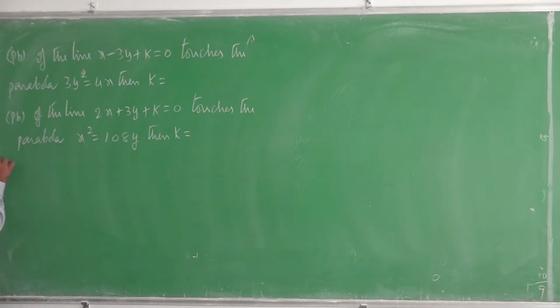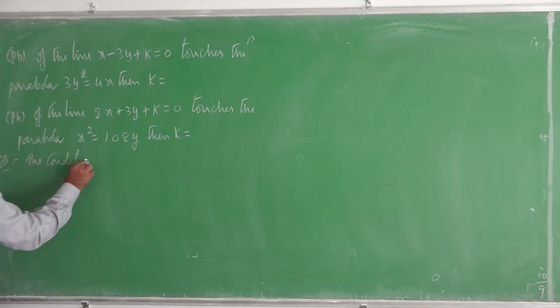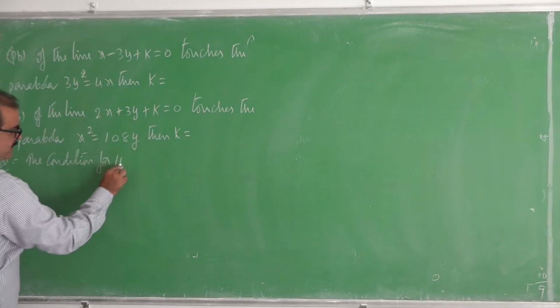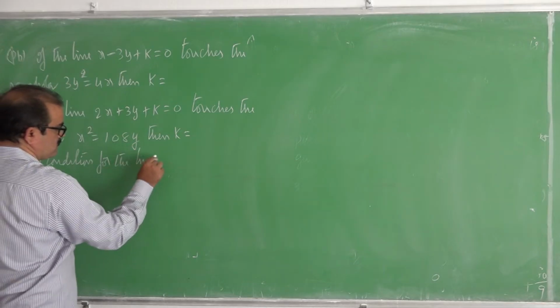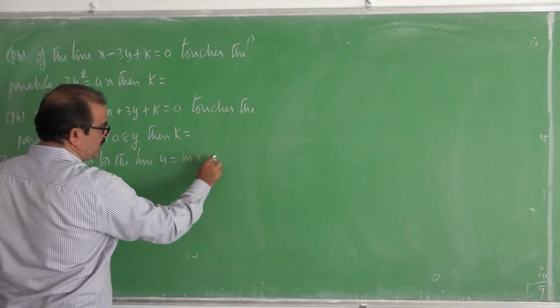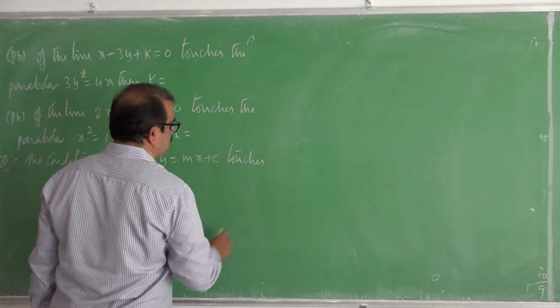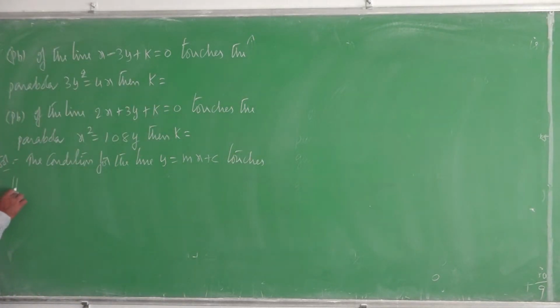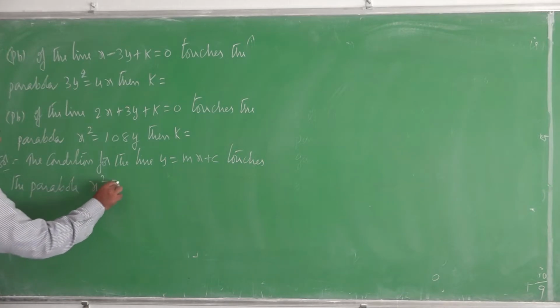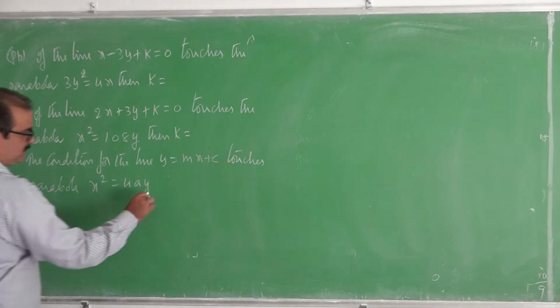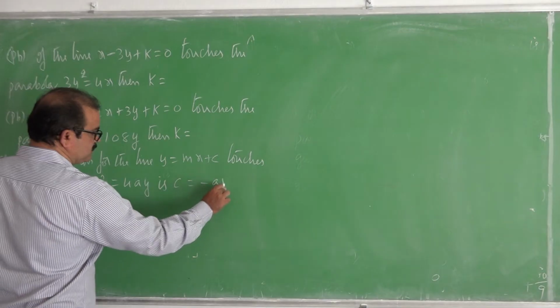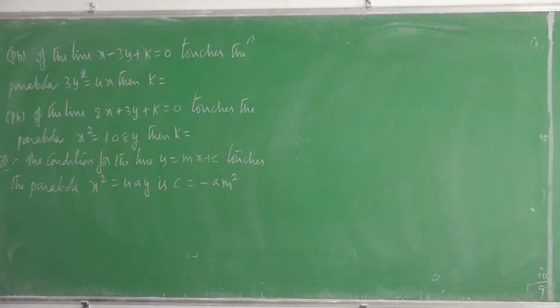Write one formula here. The condition for the line y is equal to mx plus c to touch the parabola x square is equal to 4ay is c is equal to minus am square.